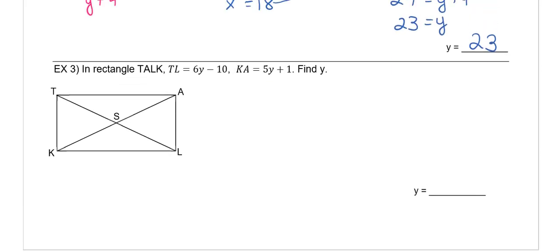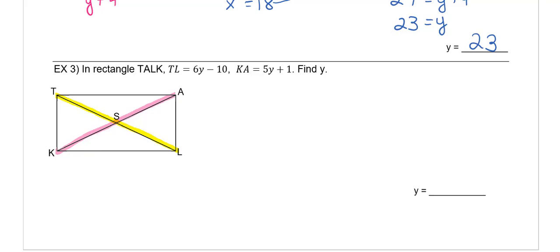Last example we're going to do together. We have, again, a rectangle. We know TL, which is this entire diagonal, is 6y minus 10. And KA, which is this entire diagonal, is 5y plus 1. So we want to find y.